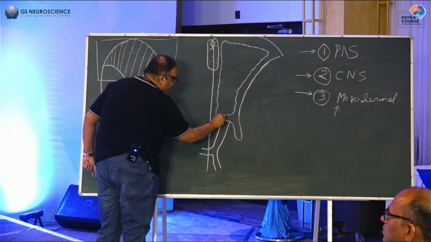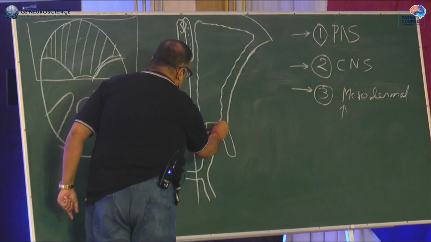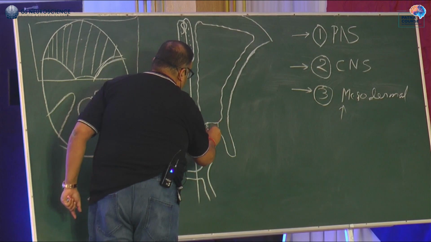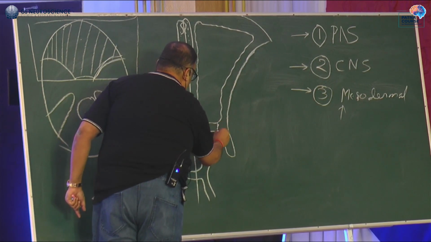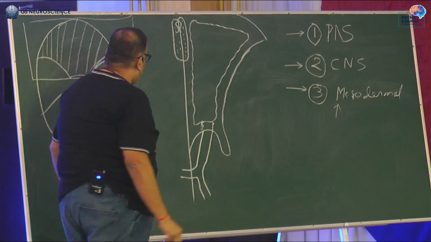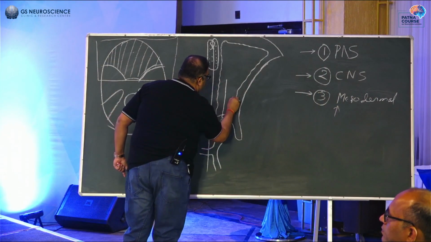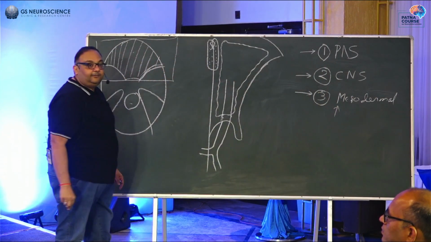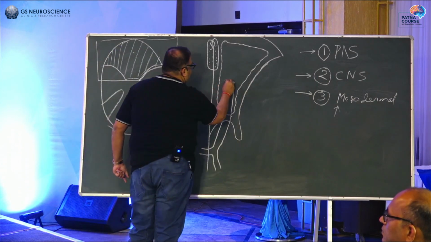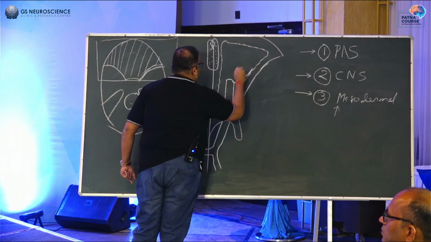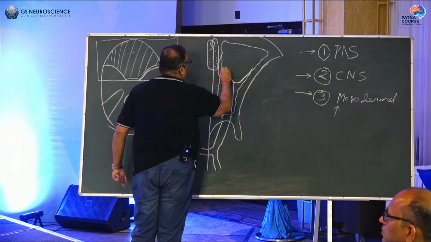This optic nerve will enter the orbit through the optic foramen. The optic nerve will come into the orbit, and somewhere here you will have the globe.